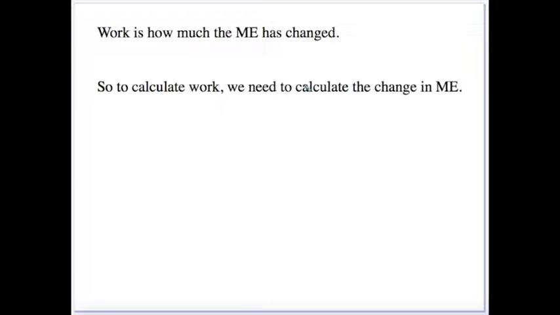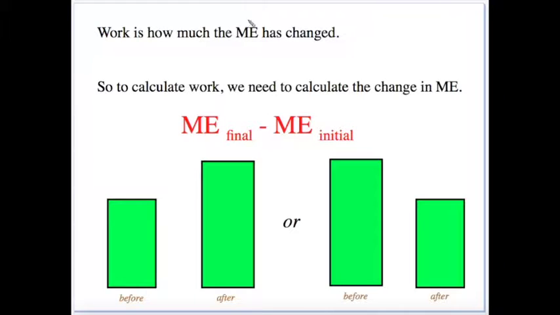So work is how much the mechanical energy has changed. To calculate work, we need to calculate the change in mechanical energy. We can do that by taking the final mechanical energy and subtracting the initial mechanical energy.